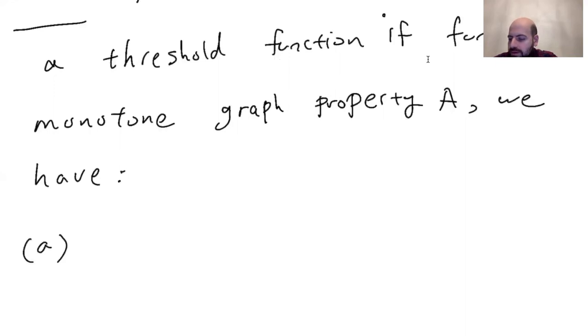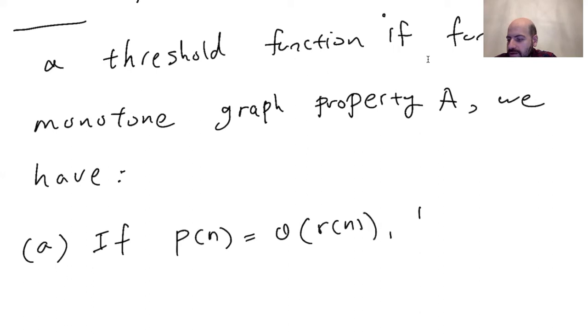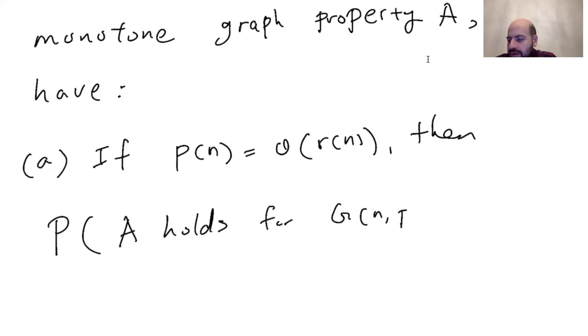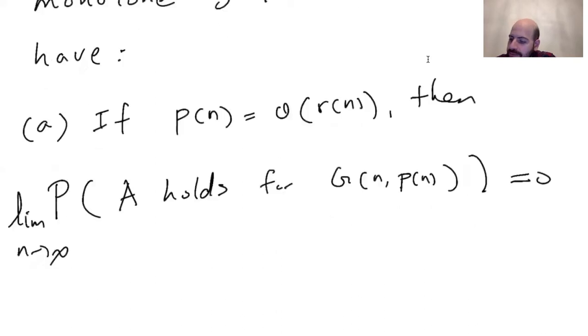A, if p of n is equal to small o of r of n, then the probability that the property A holds for G of n and p of n is equal to 0 when you take the limit as n goes to infinity.